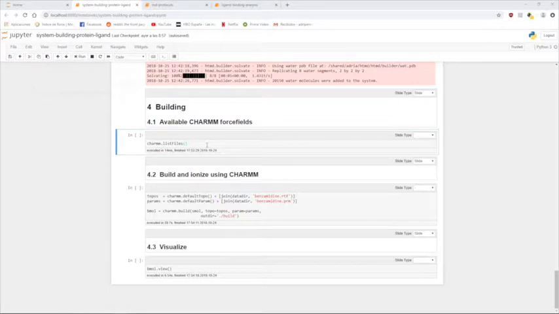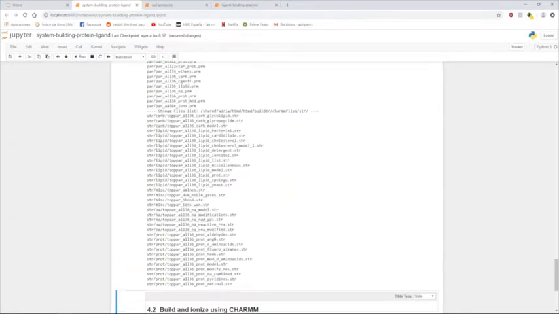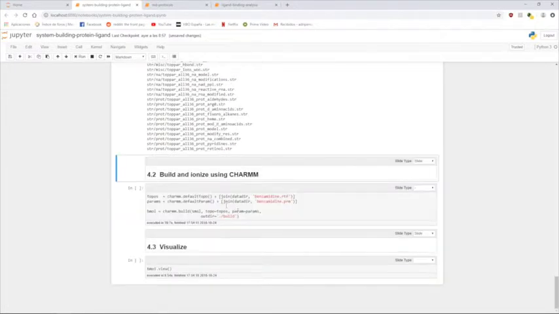In HTMD, these are all the available files. You don't need to know much about them. There's also the Amber force field available in HTMD, and this is just listing the files. And basically, there are already some defaults defined in HTMD to make it easier, that work with lots of systems.